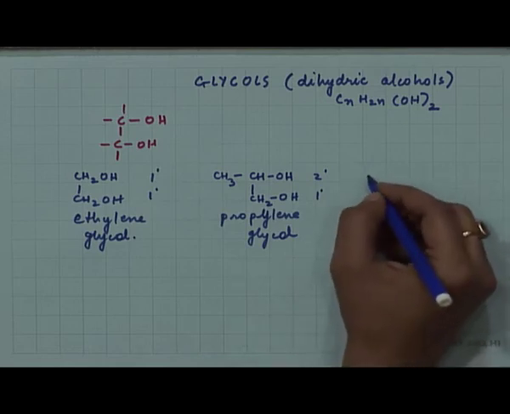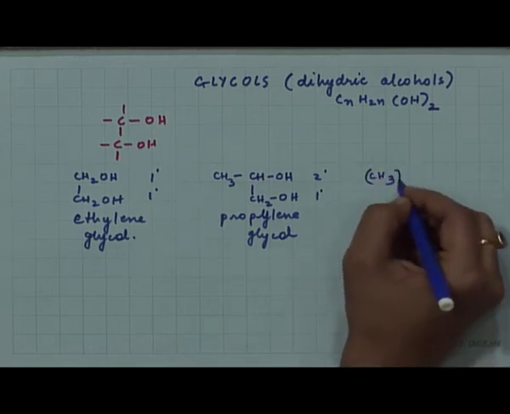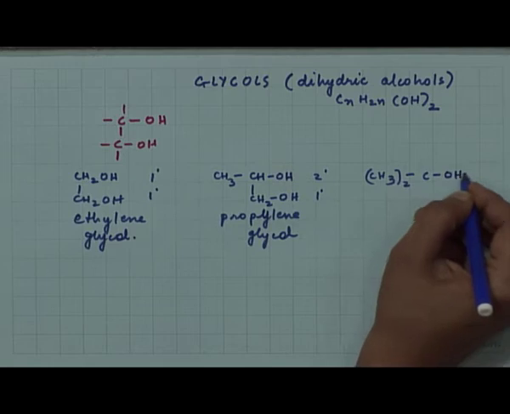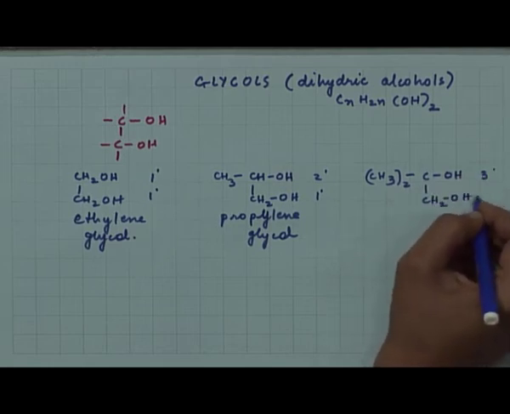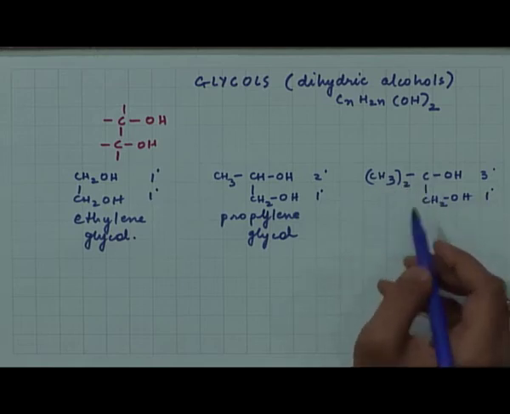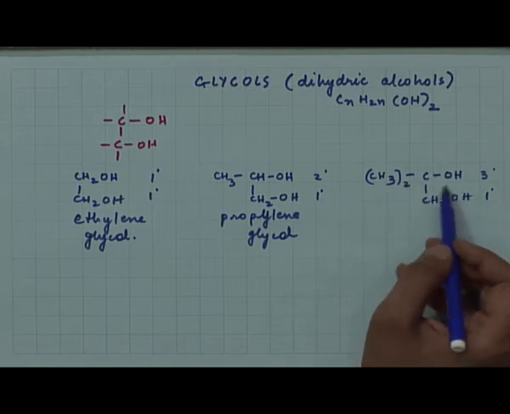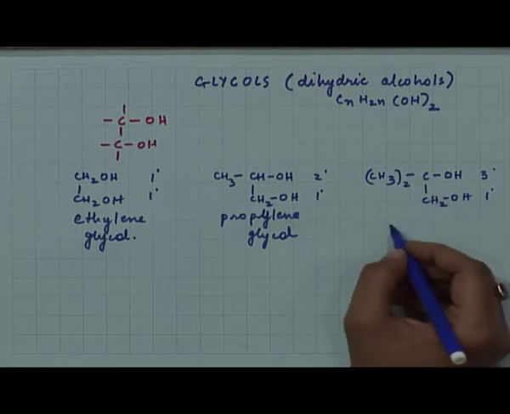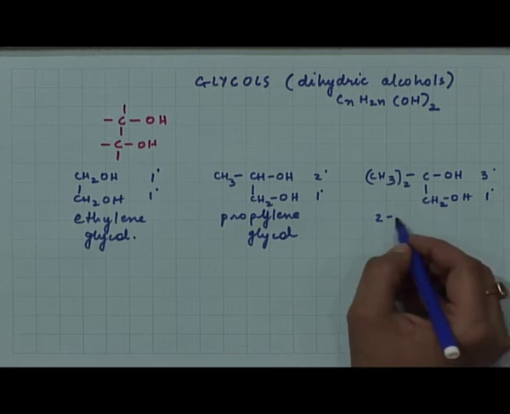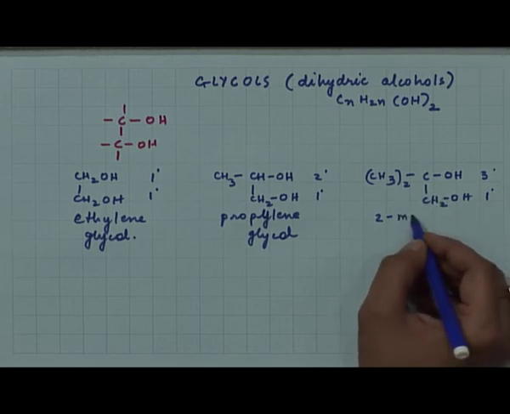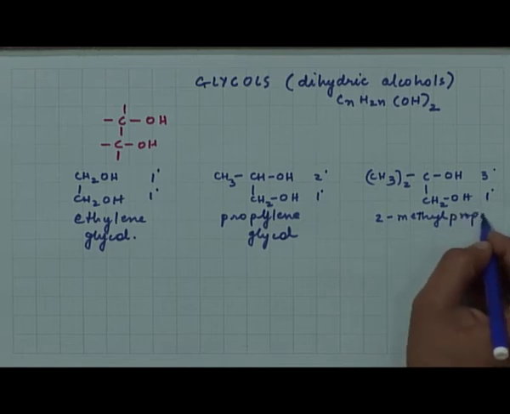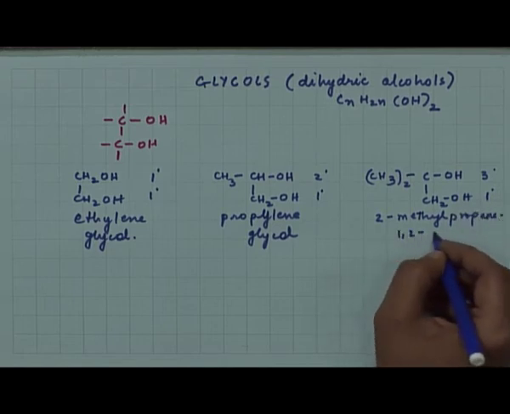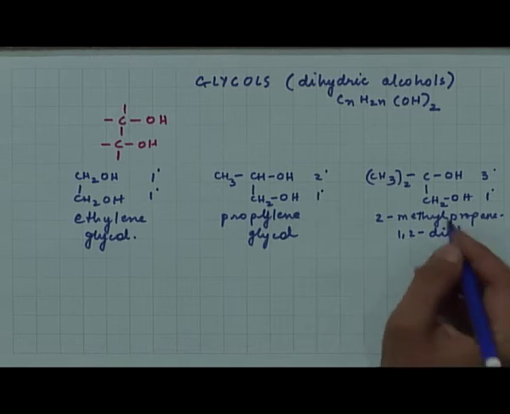If you have another example, a tertiary alcohol linked to a primary one, you have a 2, 3, 4 carbon system, and if you start the numbering, it is a 2-methylpropane-1,2-diol.